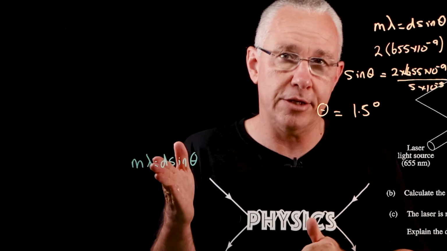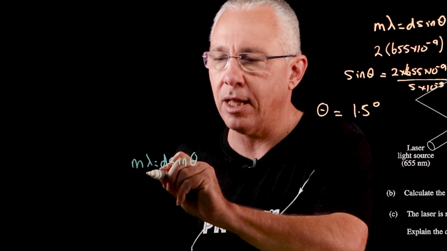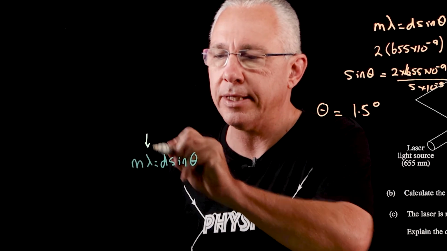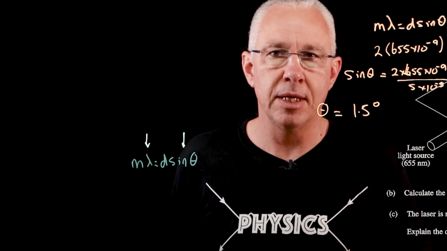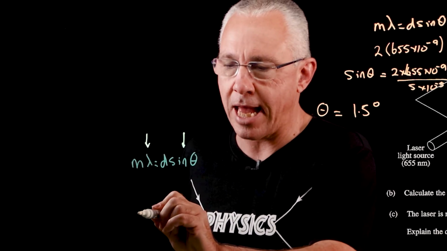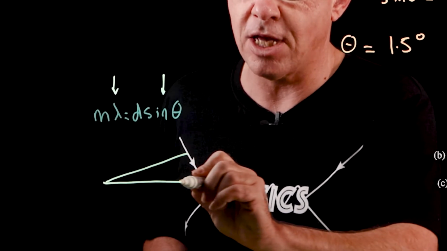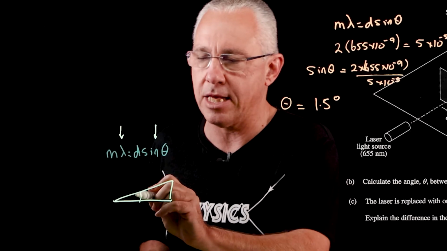Our slit doesn't change at all, and so our sine theta decreases. So if our lambda decreases, then our sine theta decreases. And if that sine theta decreases, then theta decreases as well.